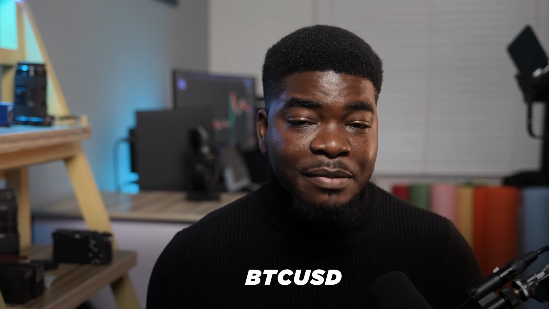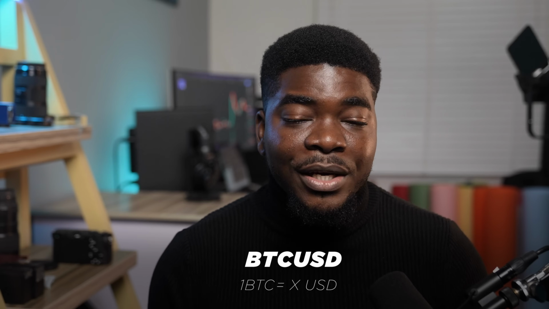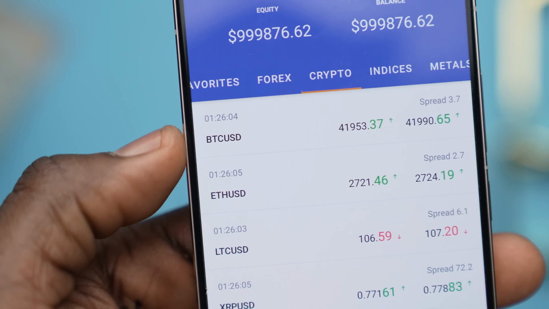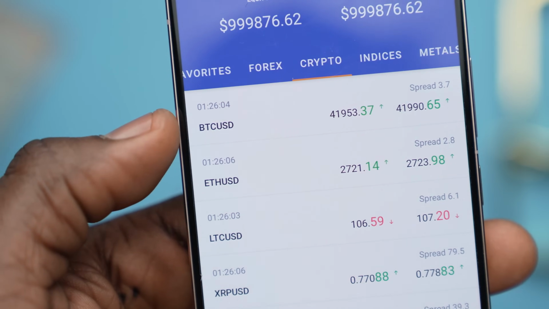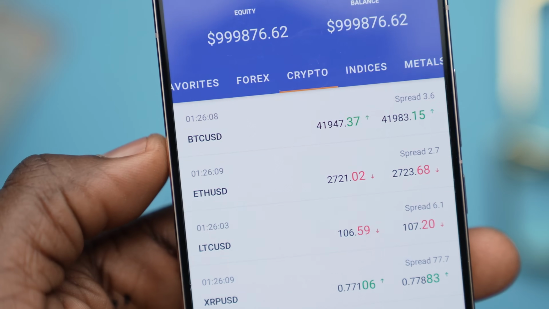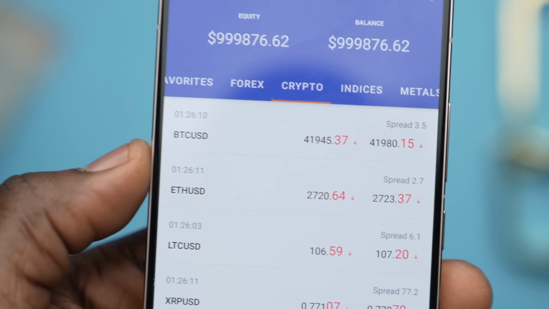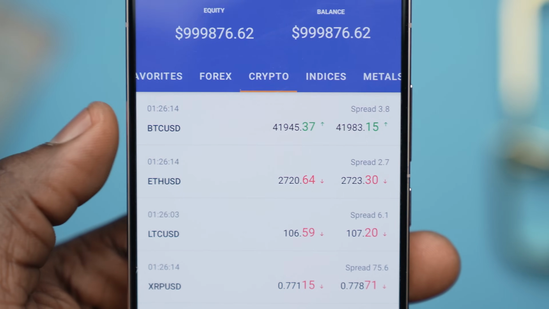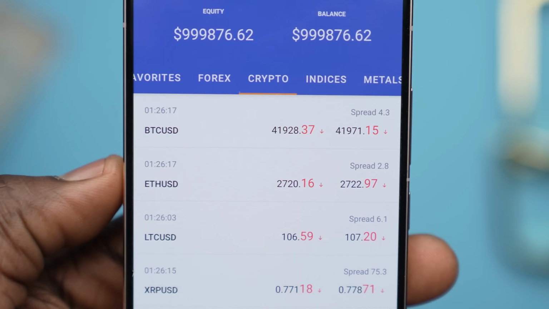When you see something like BTC/USD, it basically means 1 BTC is this many USD, or 1 Bitcoin is this many dollars. Here you can see it's showing us that 1 BTC, which is the base, is 41,956 USD. In Forex terminology, this is the quote for BTC against USD. This quotation means that 1 BTC can be exchanged for $41,956.